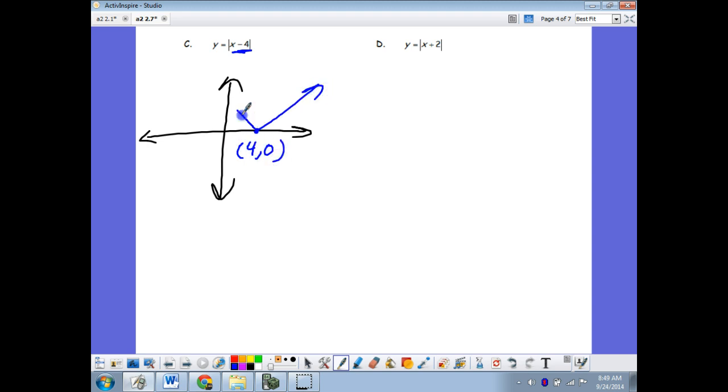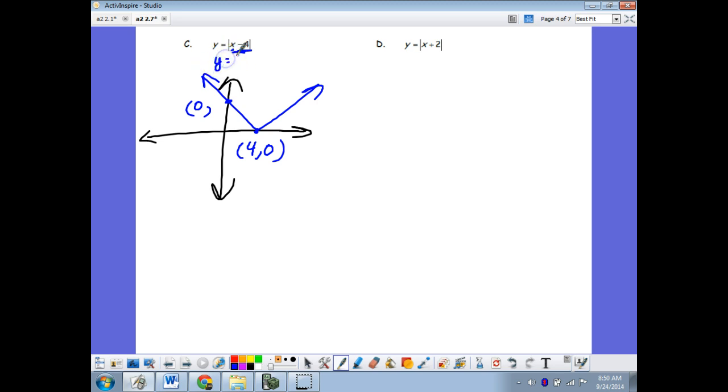And then we draw in the V shape. Now, in this case, the vertex and the x-intercept, which there is only one, are actually the same point. What do we need to find yet? We need to find the y-intercept. And again, we talked about this with the lines as well. To find this y-intercept, we know that the x-coordinate is 0, so we're going to substitute 0 in for x here.